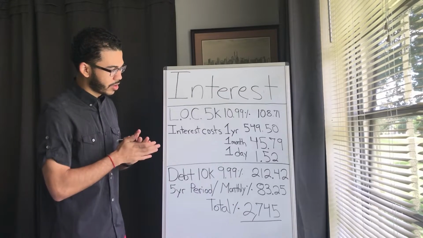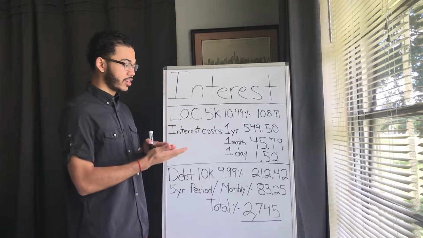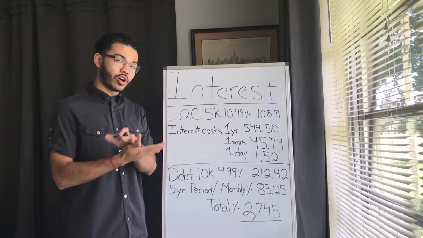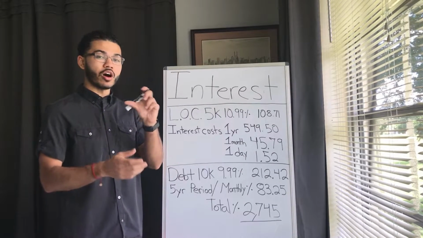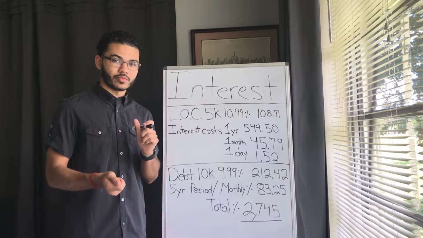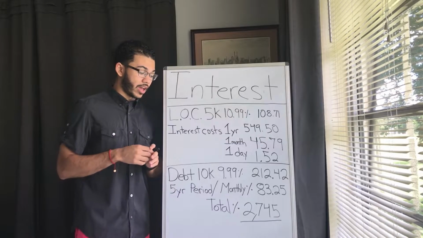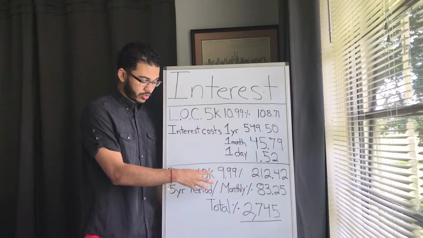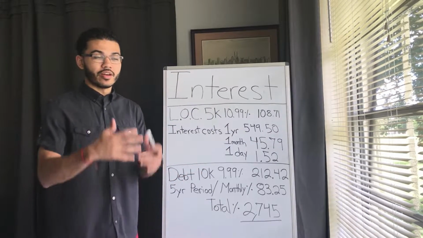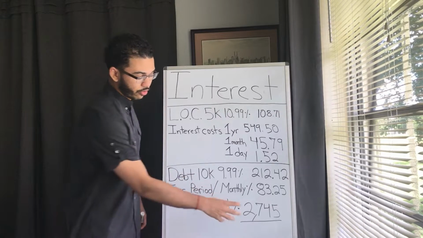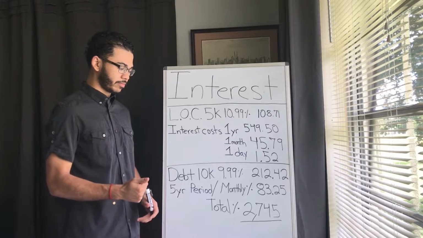And the best way that I can make sense of it is by showing you the math behind the numbers and the interest costs behind the numbers, and also showing you where the offsetting occurs. So let's say in this example that someone owes $10,000 on a loan and they want to learn how to pay it off very, very quickly to avoid paying a lot in interest, right?